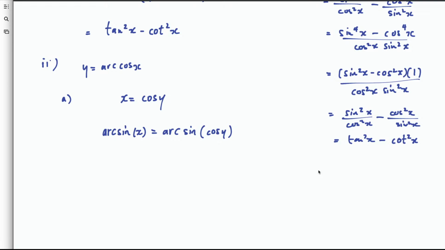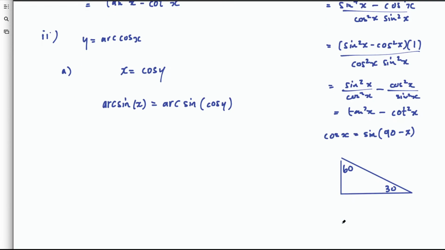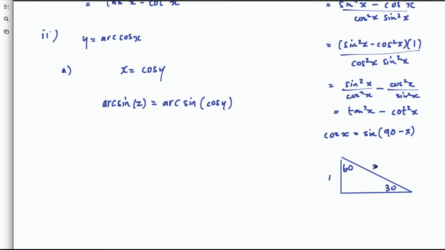I guess we could, so remember that cosine of x is equal to sine of 90 take x, or is it the other way around? X take 90. No, 90 take x. So think of, just draw any random triangle. Okay, let's do the 30, 60 right triangle. This is 1, 2, root 3.